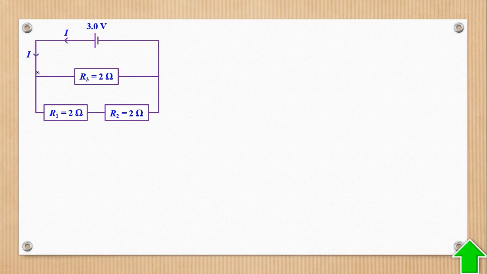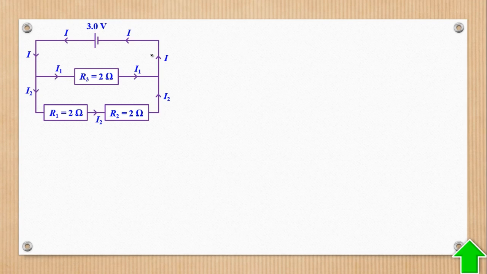When it reaches here, there's a junction, so it has to divide into 2. One goes that side and the other one goes this side. When it reaches here, there's a junction, so these two have to combine to get the original current. Okay, now how do you know which resistors are in series and which resistors are in parallel?